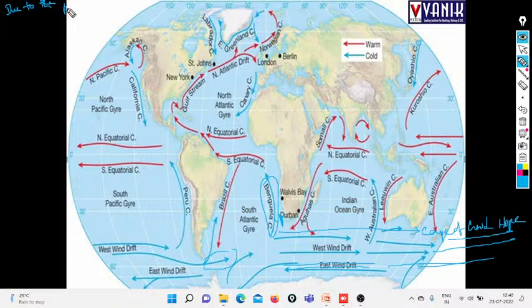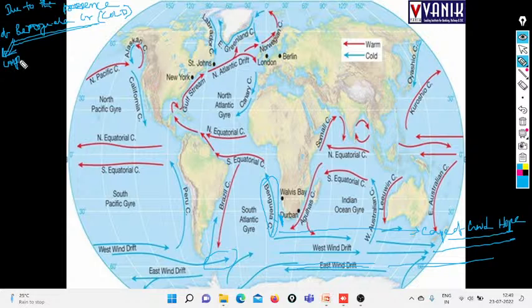Due to the presence of the Benguela current, the upwelling process takes place.